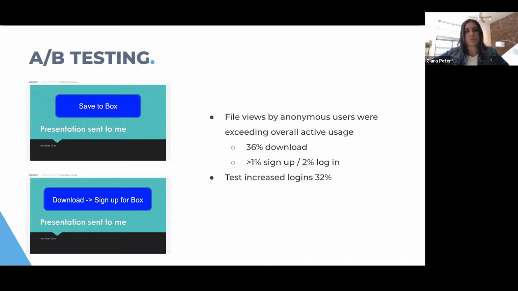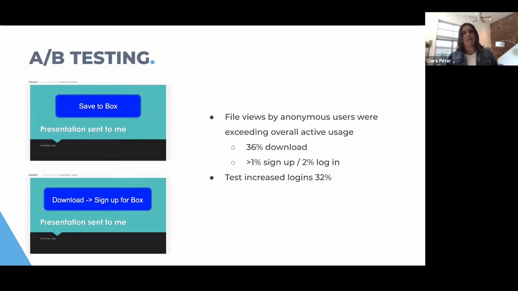The first option that we tested is a button that instead of sign up and log in, we said "Save to Box," because that provided a little bit more value. The second option is we said, okay, we're going to keep the download button, but as the file is downloading, we're going to pop up a little screen that you can get rid of, but it says, "Did you know that you can create a free account, you can save your files," and it named a couple of benefits.